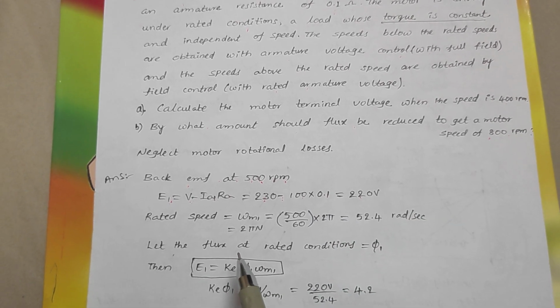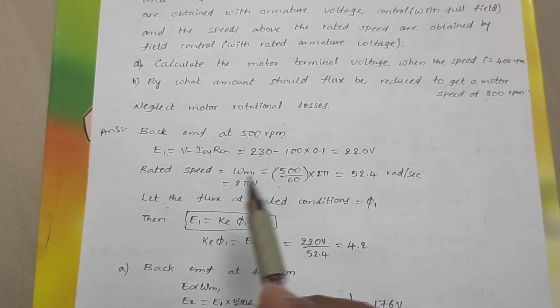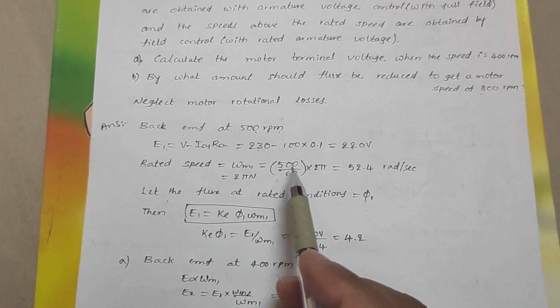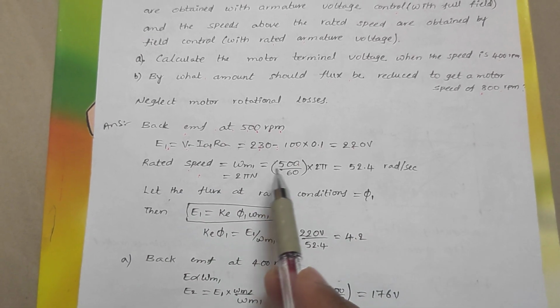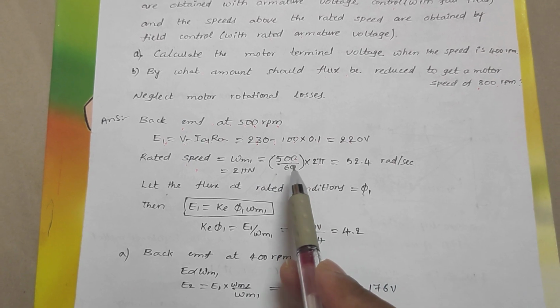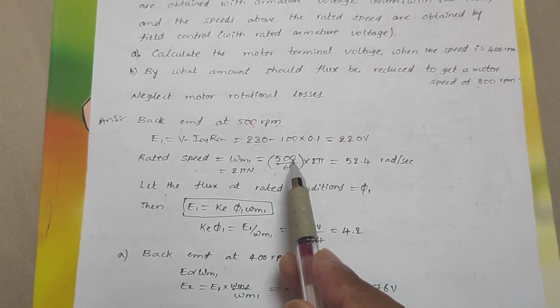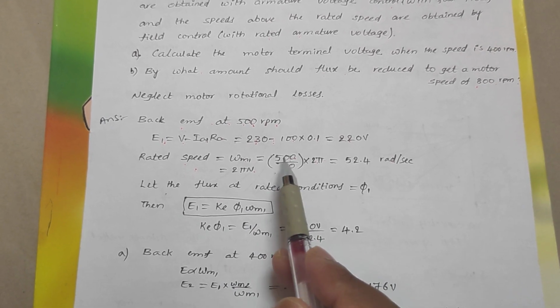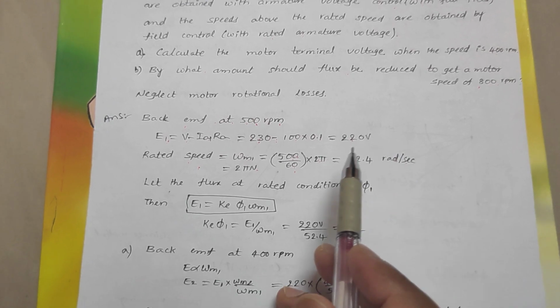Now you need to find any other parameters from the given data. As the rated speed is 500 rpm, converting that into radians per second, omega m1 is equal to 2 pi N by 60, which is equal to 2 pi into 500 by 60, which is 52.4 radians per second.